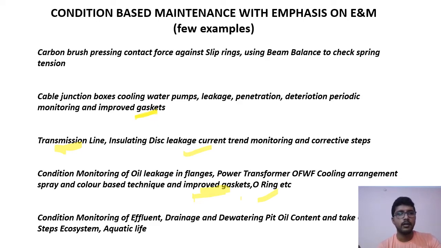So oil content in those drainage and dewatering pits should be low, and we need to ensure that because it is harmful for the ecosystem. So some sort of condition monitoring can be done. This is our role to save the ecosystem also.